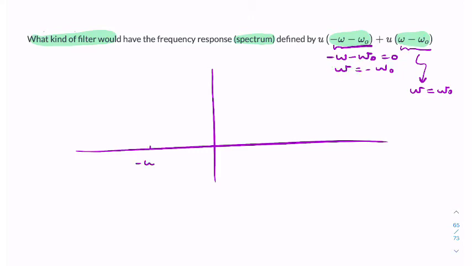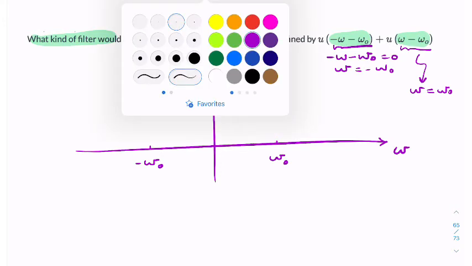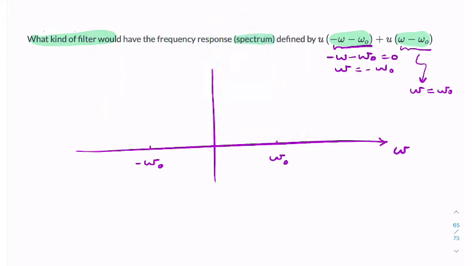So if that's minus omega naught, and that's omega naught, and the axis is frequency, then my reflected unit step will look something like that. So if I were to do it in another color, it would look like that.